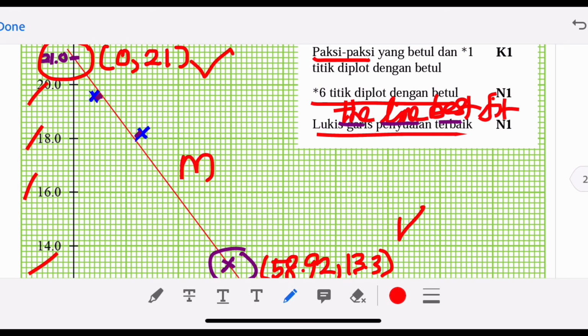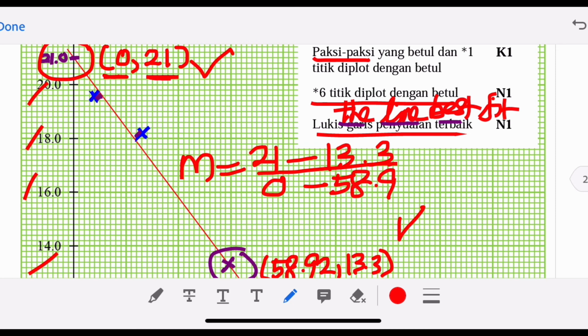So m is 21 minus 13.3, always use y2 minus y1 over x2. You start from y2, you must start from x2, 58.92. So make sure the answer is in 4 significant figures.